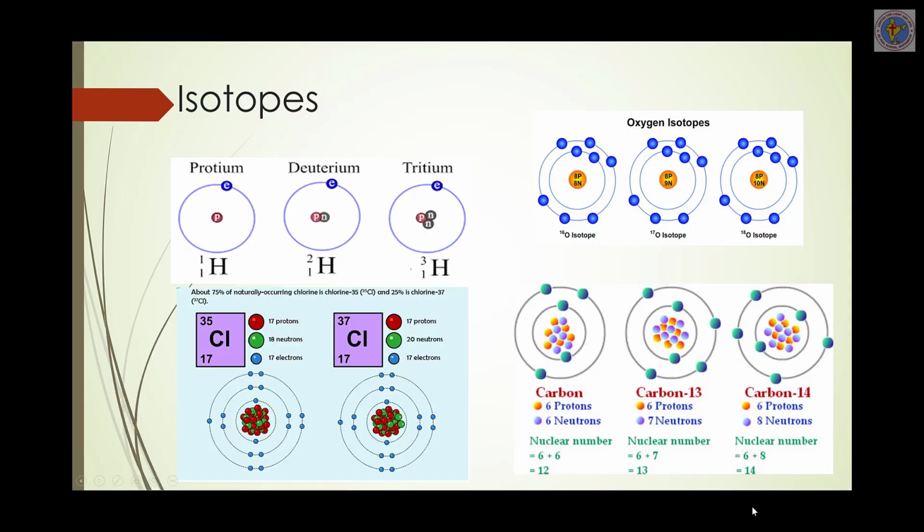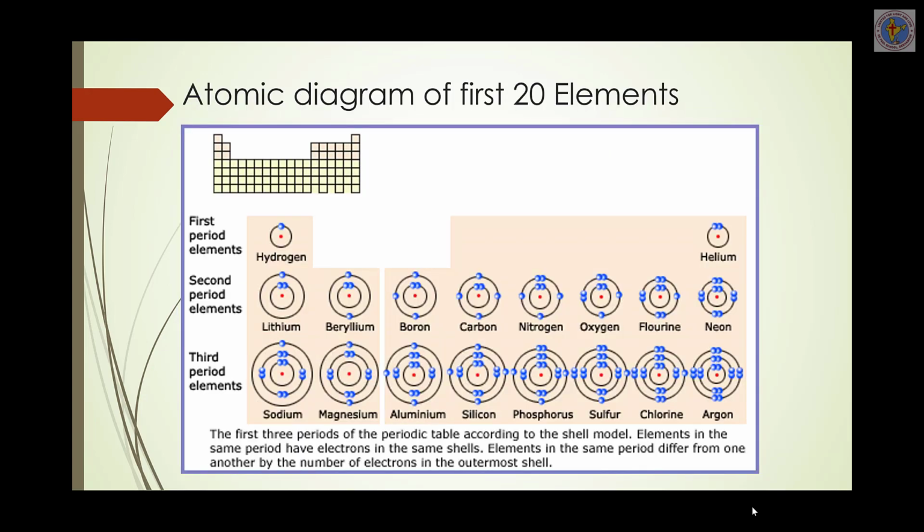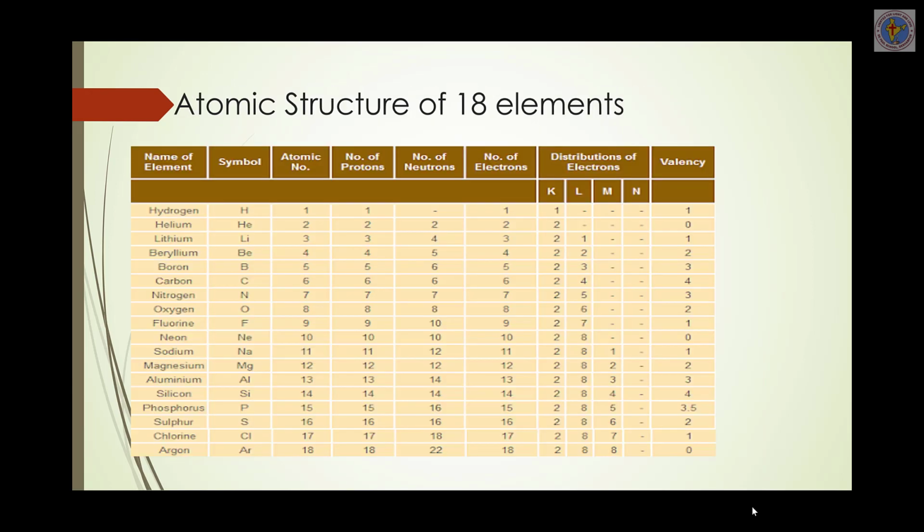Children, here you can see clearly the isotopes of hydrogen, oxygen, chlorine and carbon, where you can find the variation in the number of neutrons. This slide tells you about the atomic diagram of first 20 elements based on their position in the periodic table. Just go through this table.